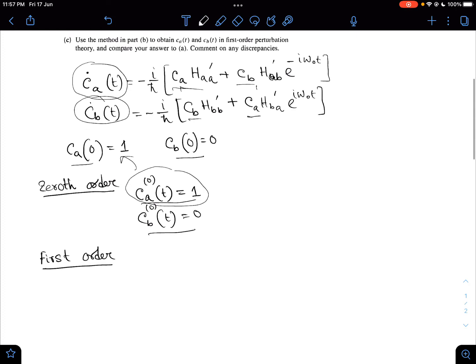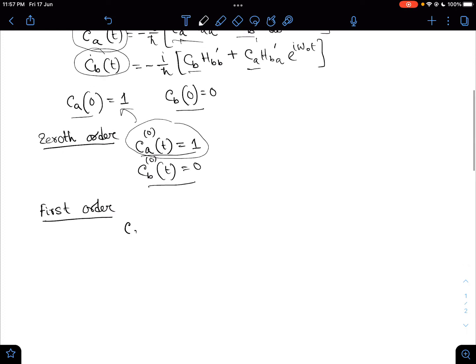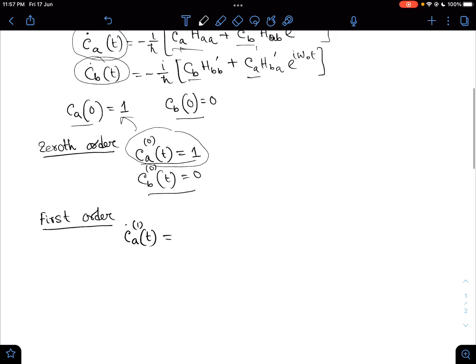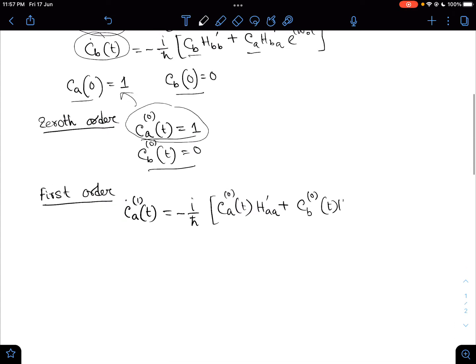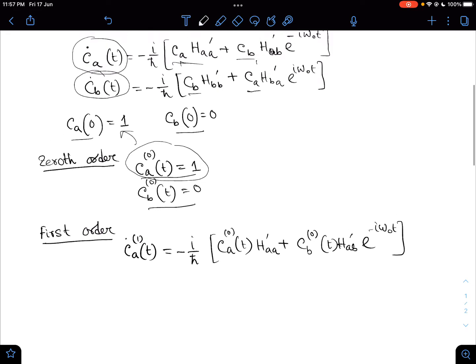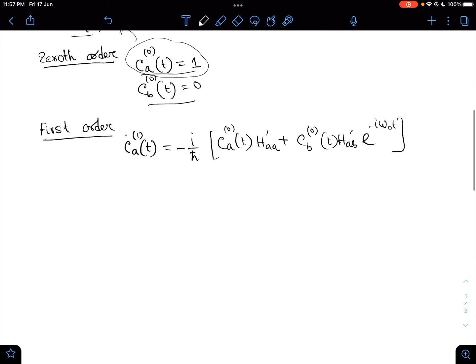So what will be our c_A? c_A dot in first order will be minus i by h cut times c_A zeroth order H_AA prime plus c_B zeroth order H_AB prime e to the power minus i omega_0 t.